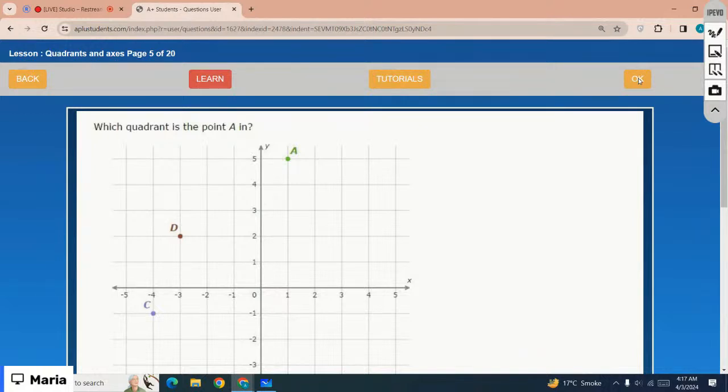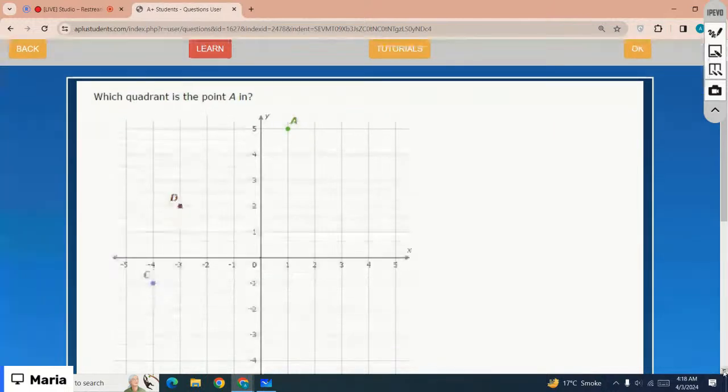So which is the correct option? Yes, A is in quadrant 1. The correct option is quadrant 1, right?